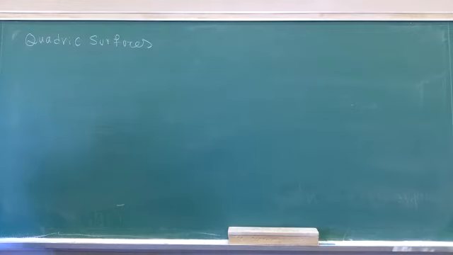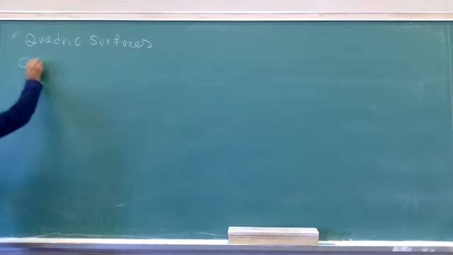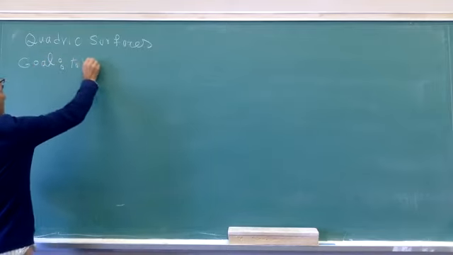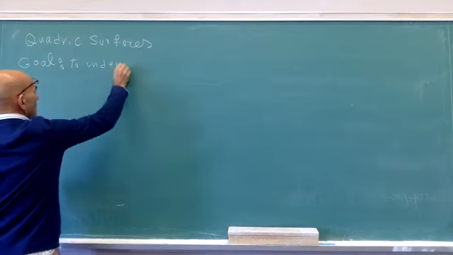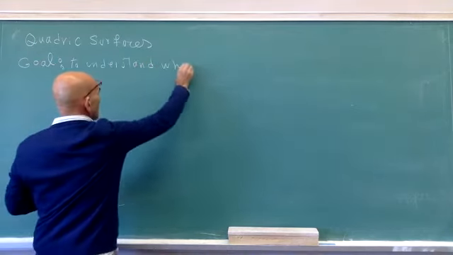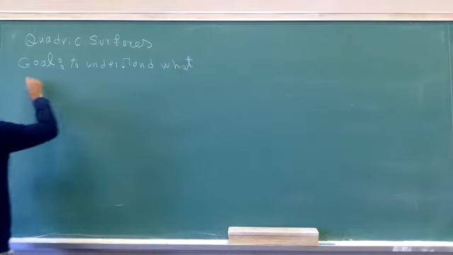So our goal now is this. We want to understand what kind of shape a second degree equation basically specifies in space, right? So the goal is to understand what shape.